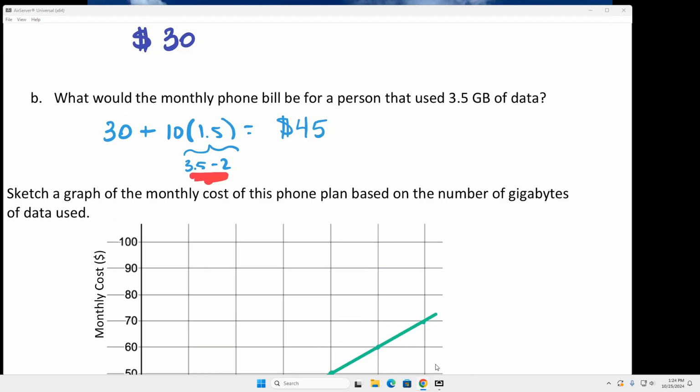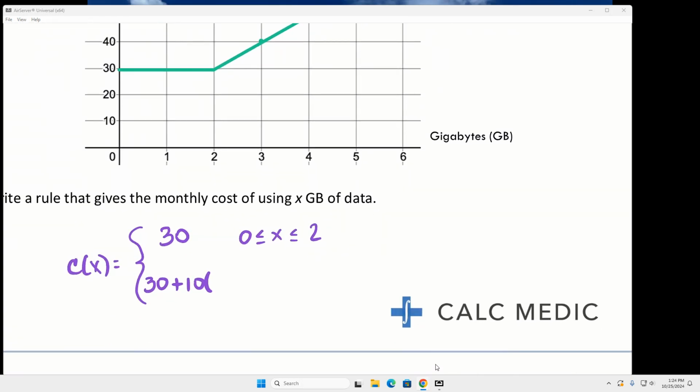So we go back to this right here. This is the same as the amount that you use minus the 2 gigabytes you already paid for. And that is for x greater than 2, more than 2, not equal to. If it equals 2, you just pay the 30.